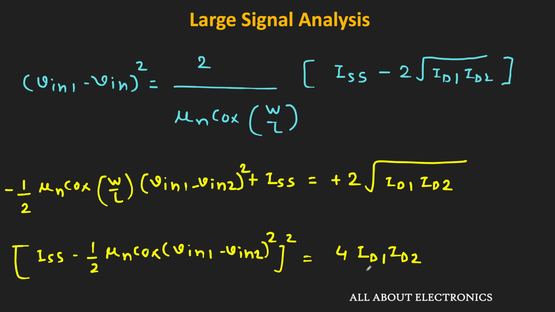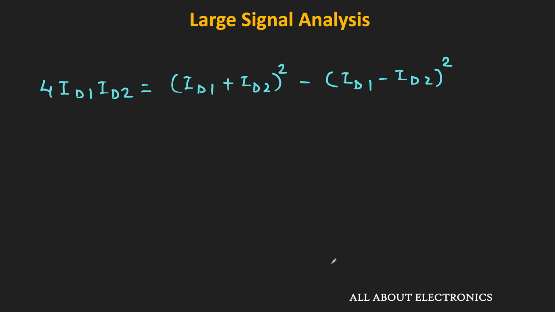So now this 4 id1 times id2 can also be written like this, because if you see, then this (id1 plus id2) whole square is equal to this id1 square plus 2 id1 times id2 plus id2 square.